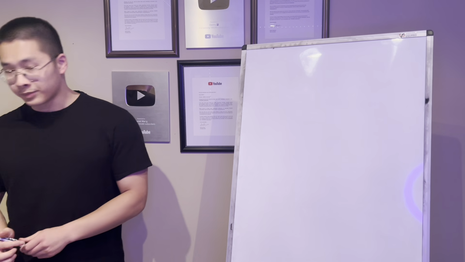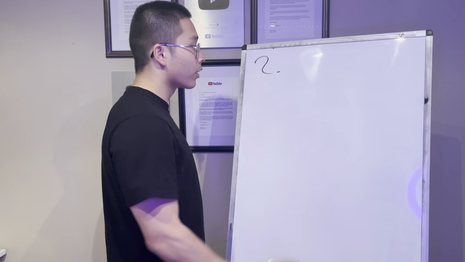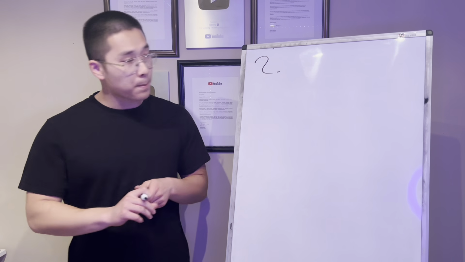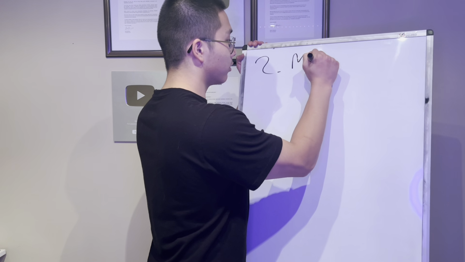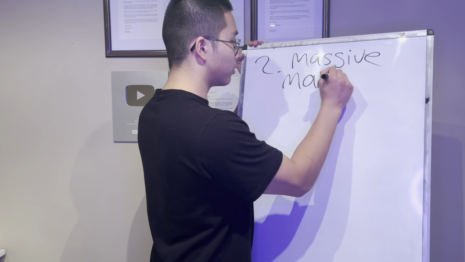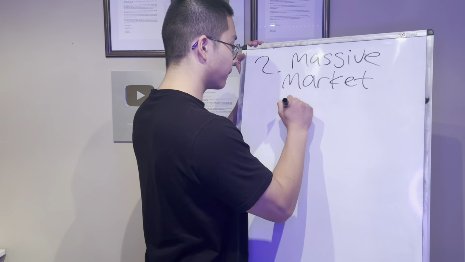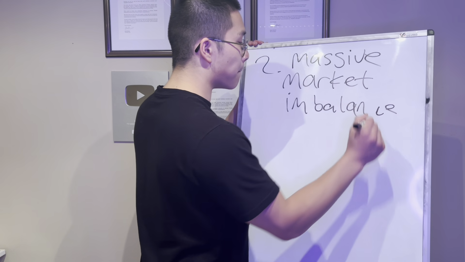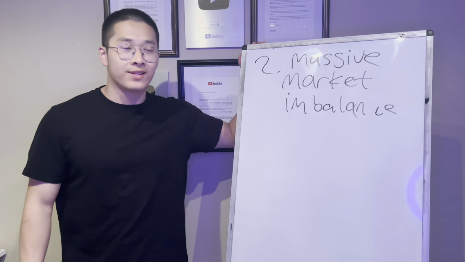Right. Now, the second criteria for you to actually virtually guarantee views is you have to pair it with a massive market imbalance. What does that exactly mean?